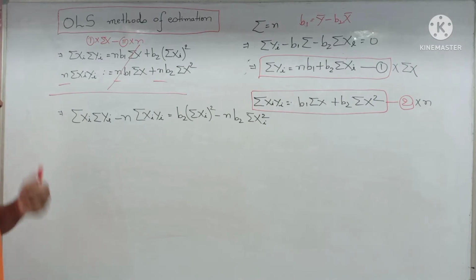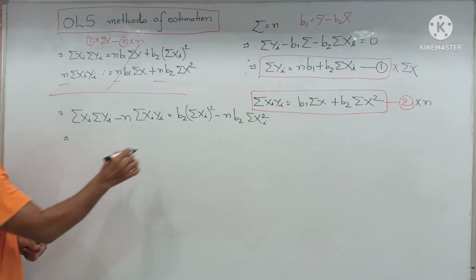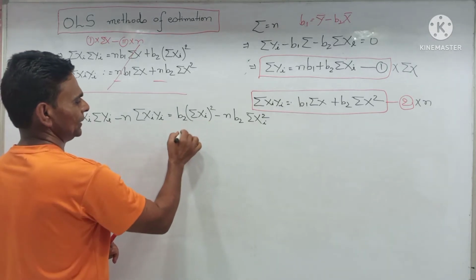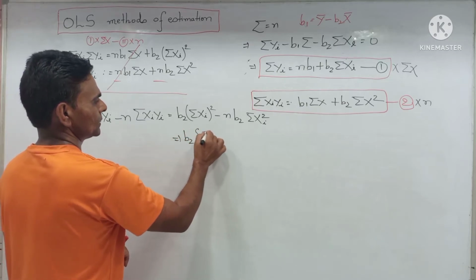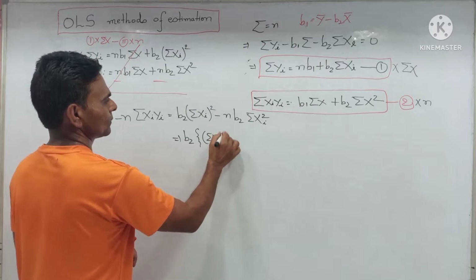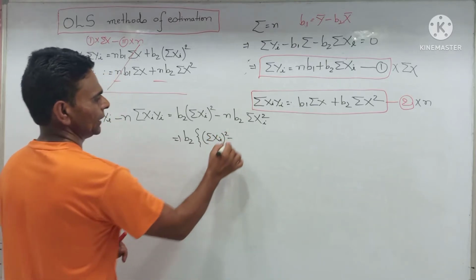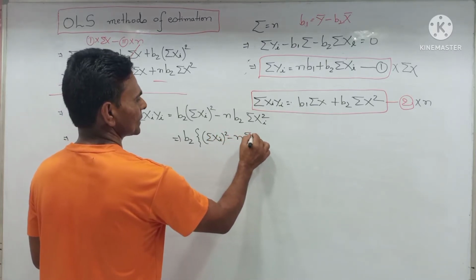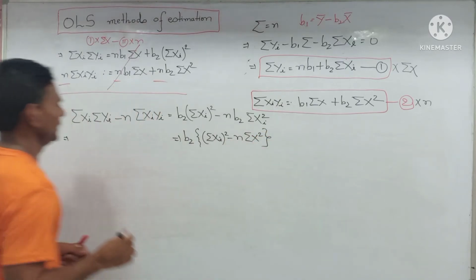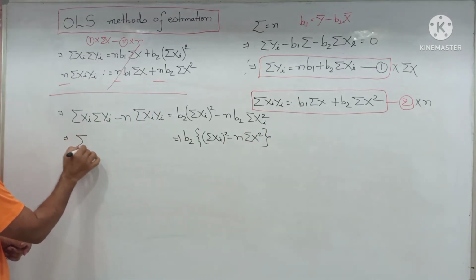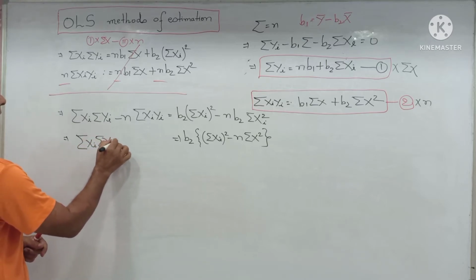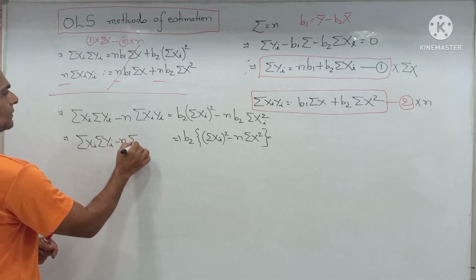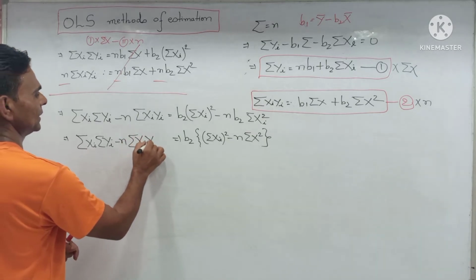First we take b2 as common: b2 times summation of xi whole square minus n summation of x square, and on the other side summation of xi times summation of yi minus n summation of xi yi.